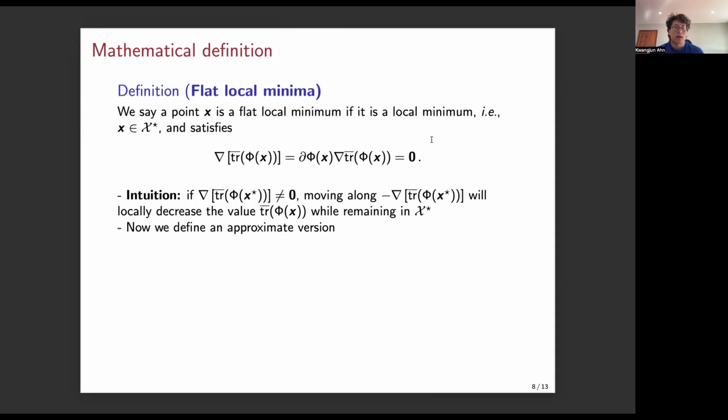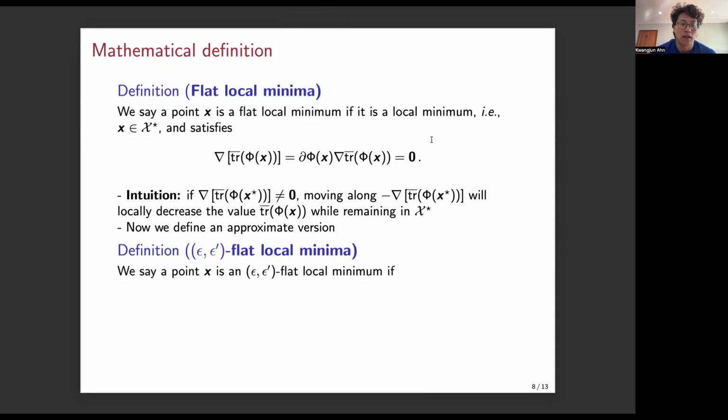In order to talk about the complexity, let's define an approximate version of this, which we call epsilon, epsilon prime flat local minima.